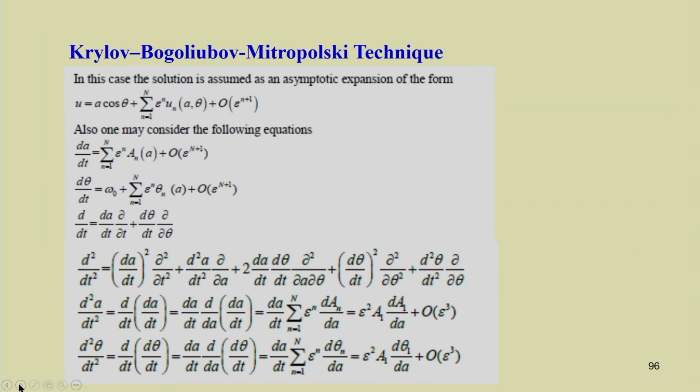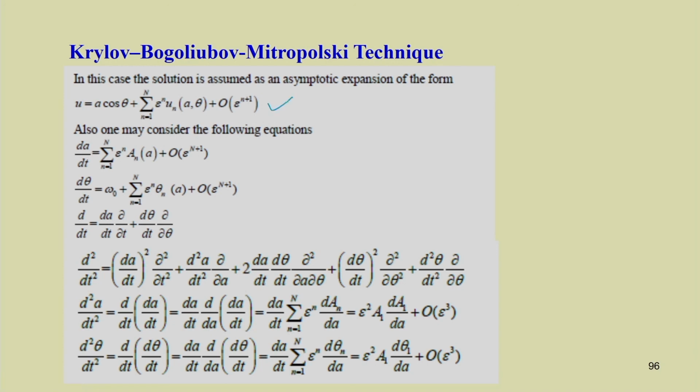In this Krylov-Bogoliubov-Mitropolsky method, u is assumed to be in this form, that is a cos theta plus summation n equal to 1 to n epsilon n u n of a, theta, plus order of epsilon n plus 1. So, this way we can expand this u.